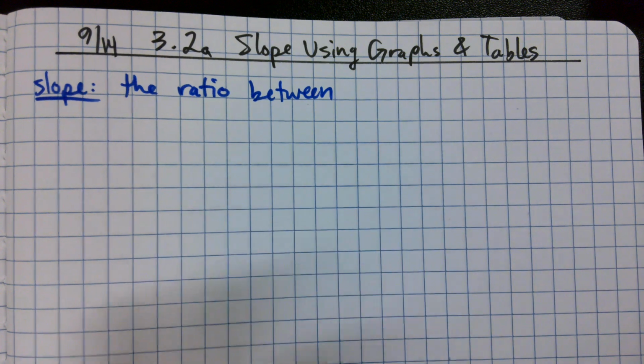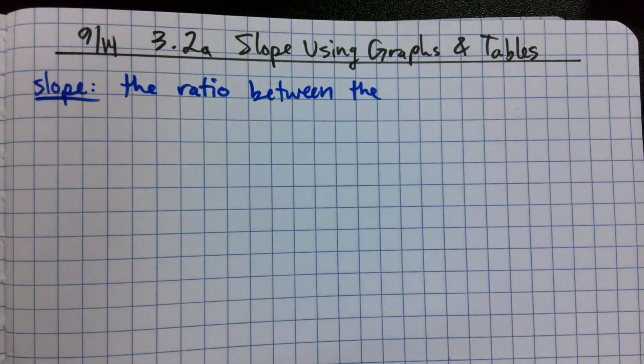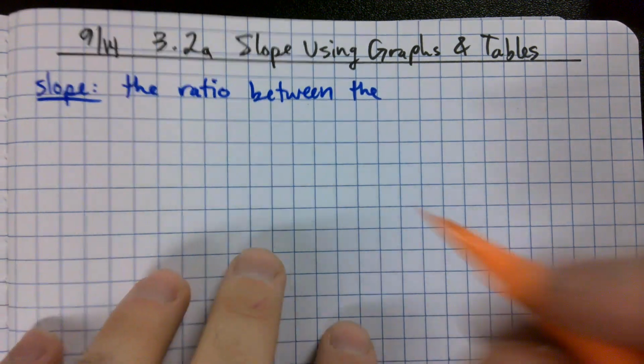The ratio between, now I'm going to warn you right now, this definition is not going to make sense until we look at it. So we'll just get it written down and then we'll talk.